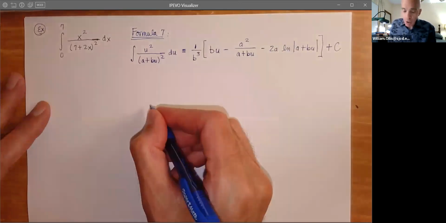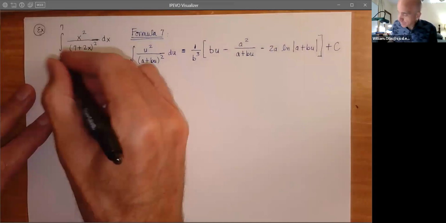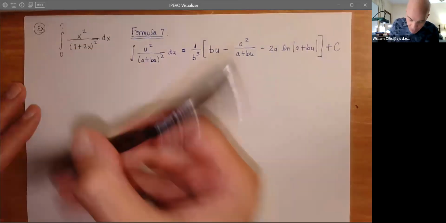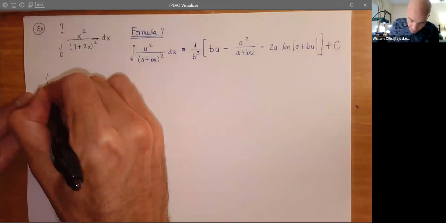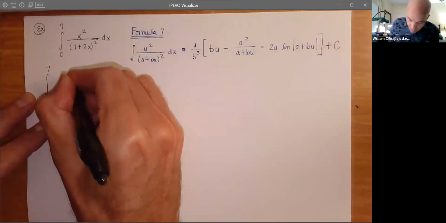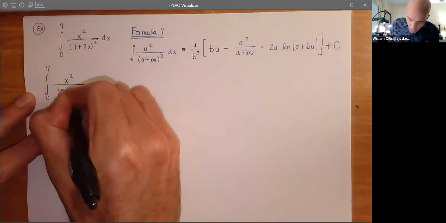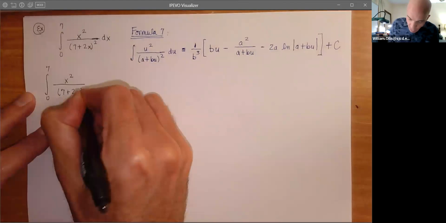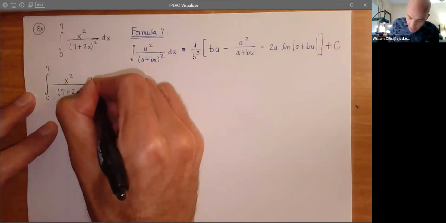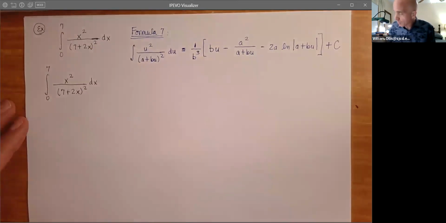Now, when we look at the problem, let me go ahead and write this again here. So we have it in a linear fashion. So you convince yourself that at least we've got a good candidate for the antiderivative. And then we just make some comparisons here.